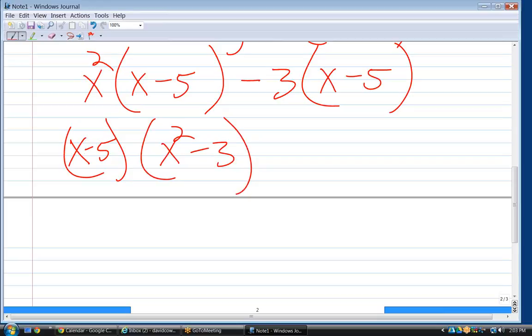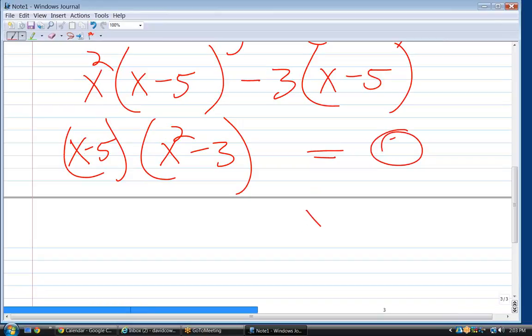In other words, they said find all the zeros. So if I set that equal to 0, that allows me to find all the zeros. What are all the zeros? One is 5, and plus or minus the square root of 3?